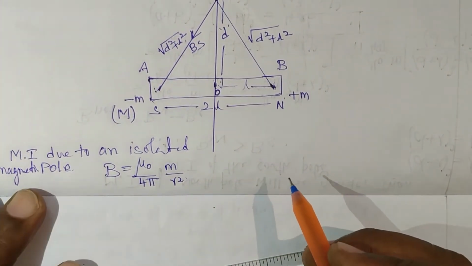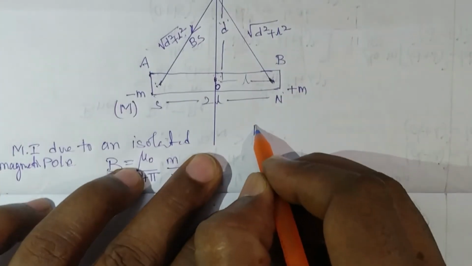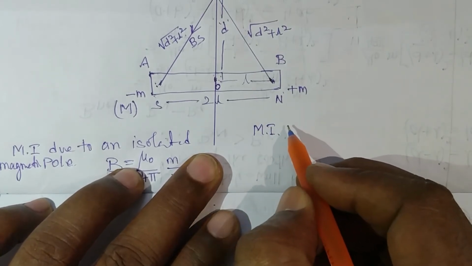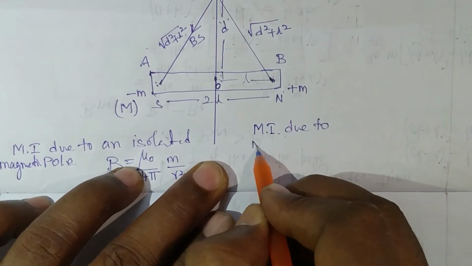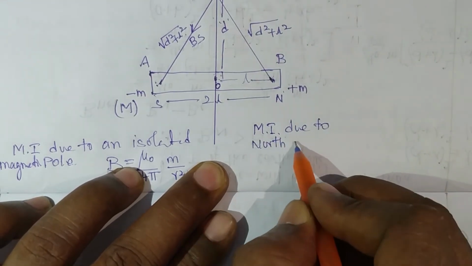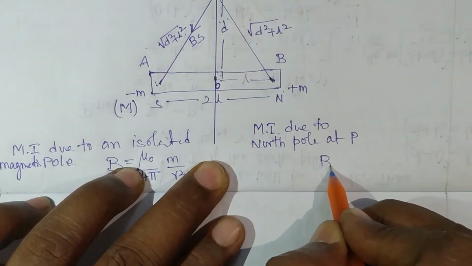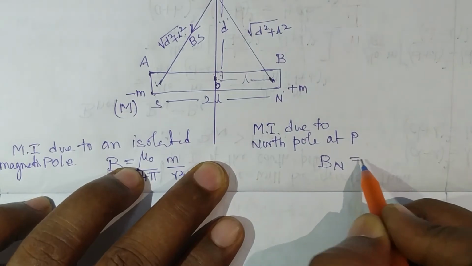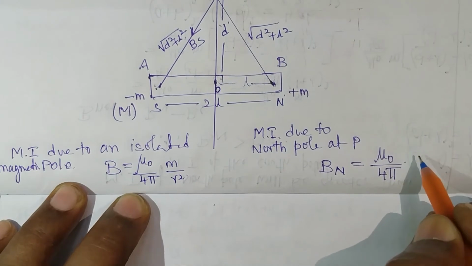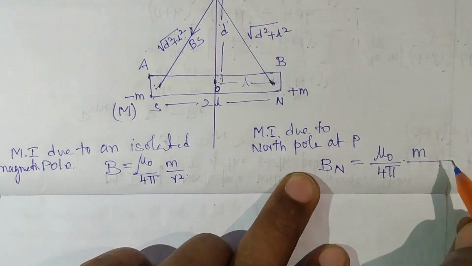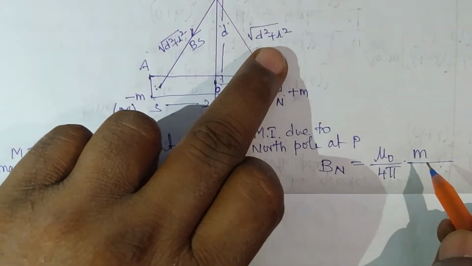Now the magnetic induction due to the north pole at P, with reference to this formula, is mu naught by 4 pi, M by, instead of R square, the square root of D square plus L square whole squared.